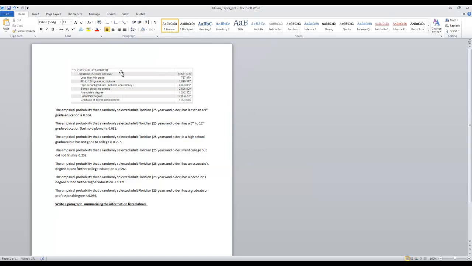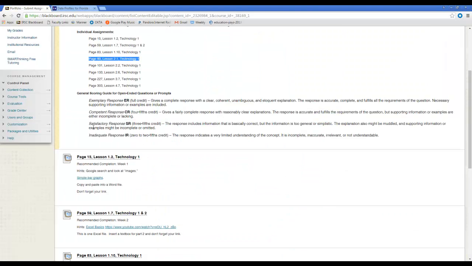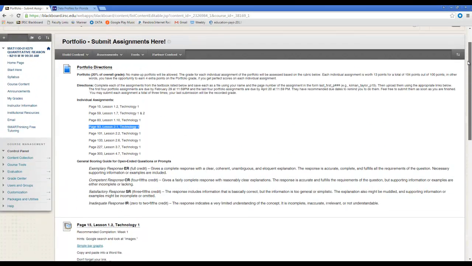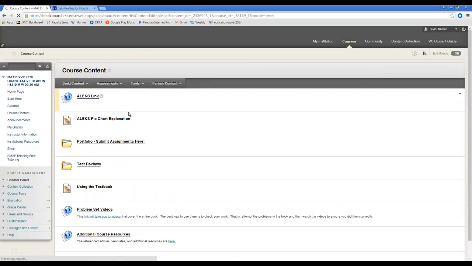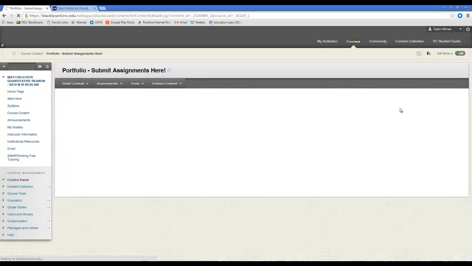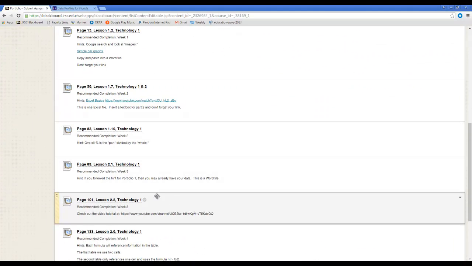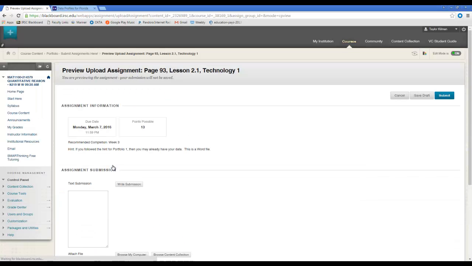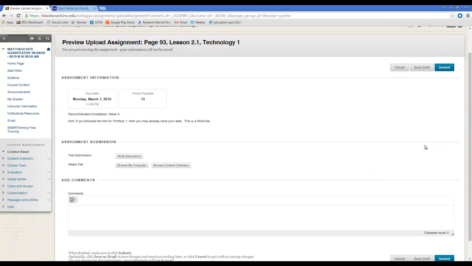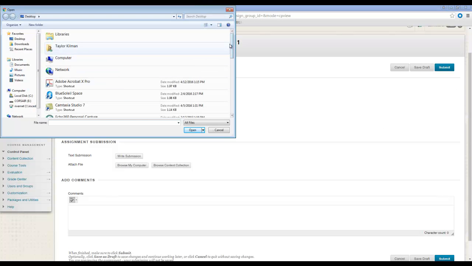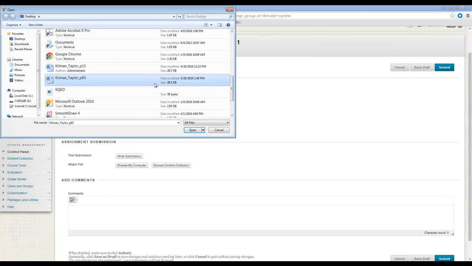And then to submit it, all you have to do is go back to Blackboard. Remember, course content, portfolios. Scroll down here to page 93, lesson 2-1, and you can attach your file right here. Browse to find it. That's all you gotta do.